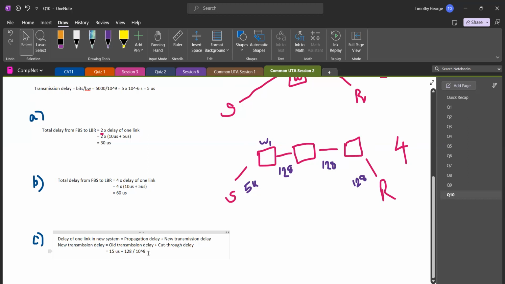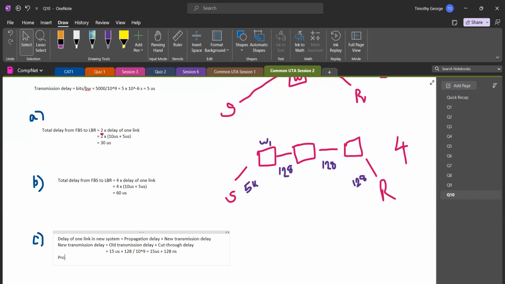So how do we do this? We could convert everything to nanoseconds, or we could convert to microseconds. So let's do 15 and 128 nanoseconds. Let's leave it at that. We'll come back to that.